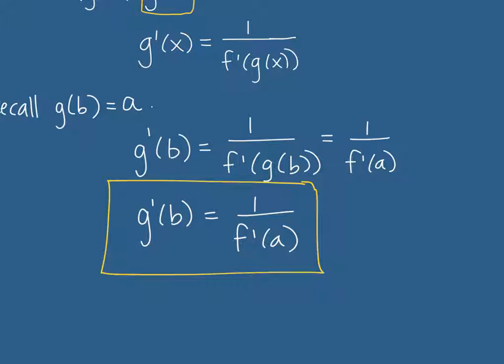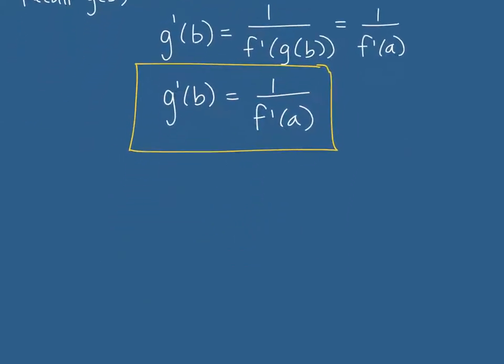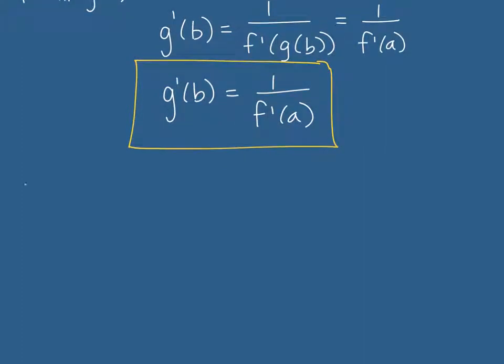The derivative of the inverse is the reciprocal of the derivative of the original. Sometimes it helps us say it in words. The derivative of the inverse is the reciprocal of the derivative of the original, plugging in the paired value rather than the same value. So let's try a couple problems and see how it works when you're actually working with a real thing.